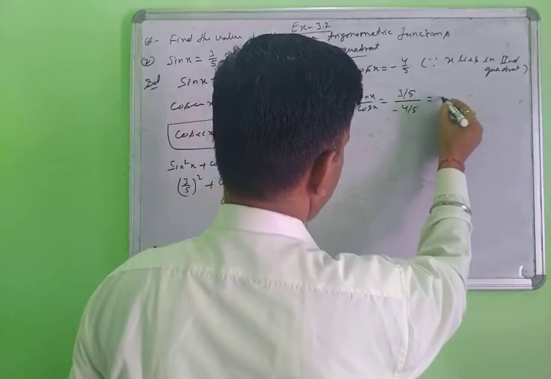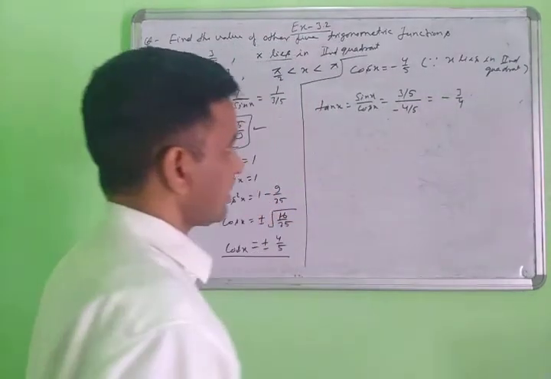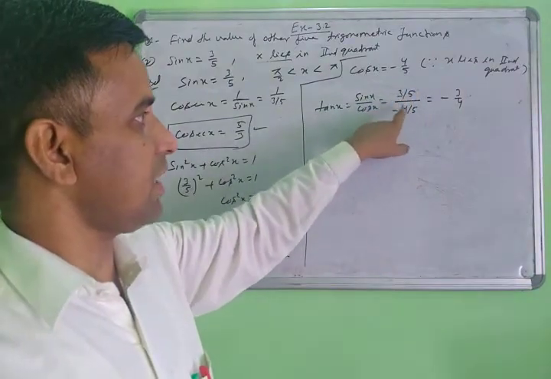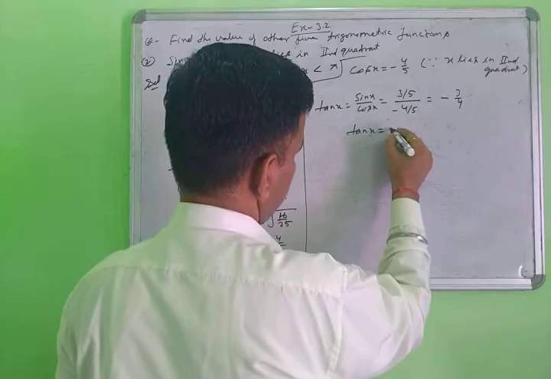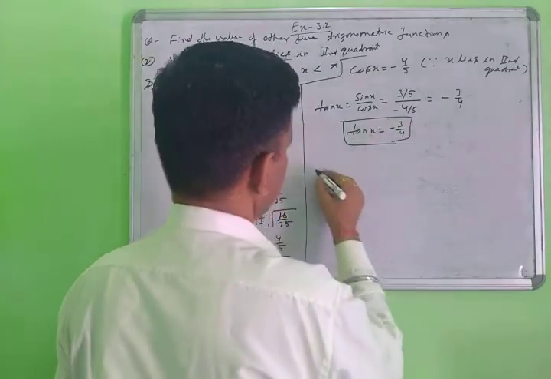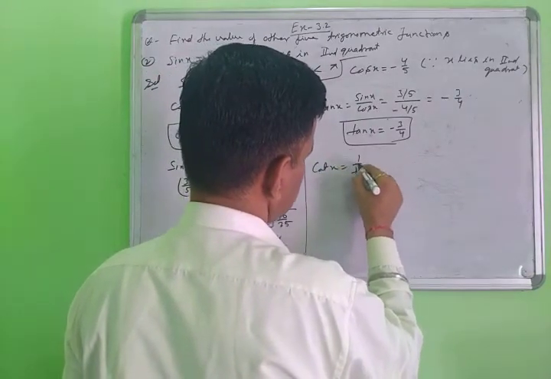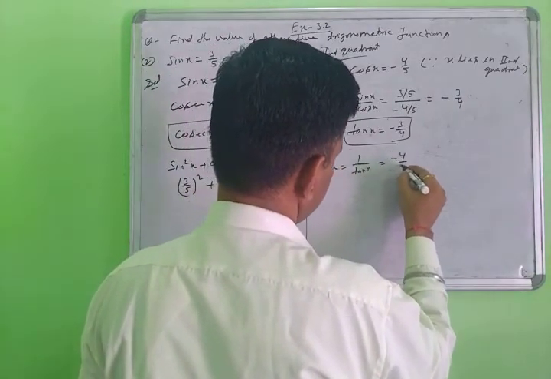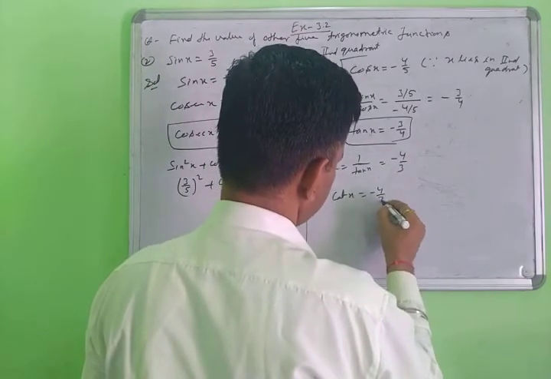What do you get here? Minus 3/4. What is left here? 5 and 5 are cancelled. What is left? Minus 3/4. The value of tan x equal to minus 3/4. Next, cot x equal to 1 upon tan x. This will be minus 4/3. This means the value of cot x equal to minus 4/3.